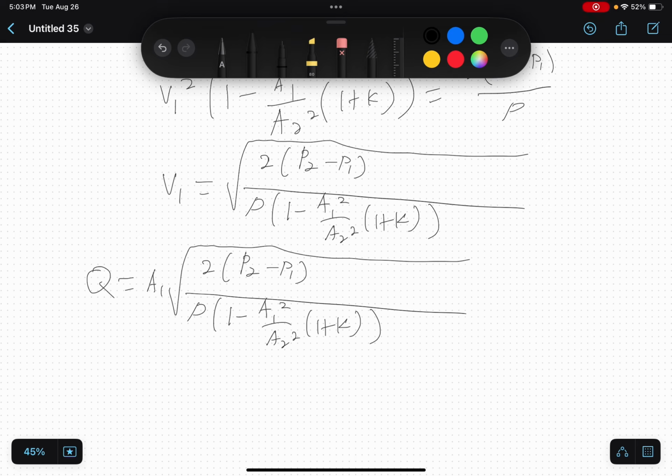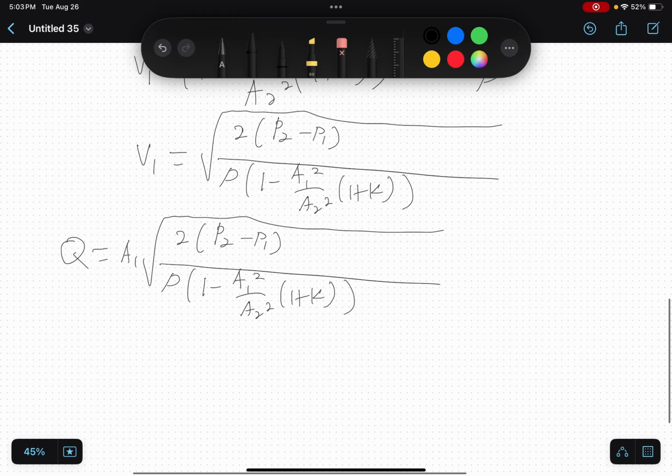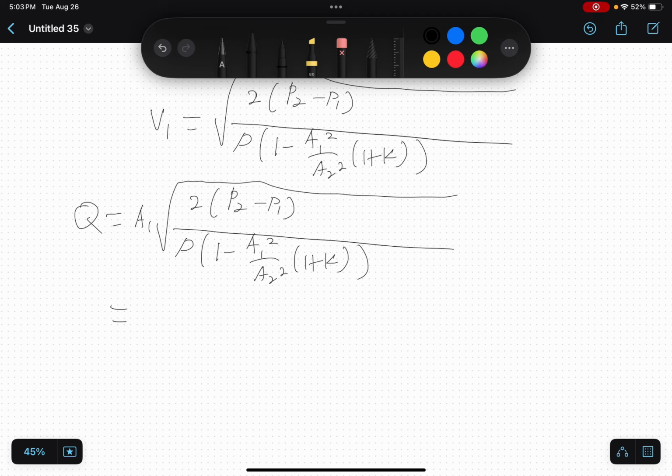And then, typically, when this is written out, it's grouped a bit better. I'll write it below. So you typically have part out front, which is cool.